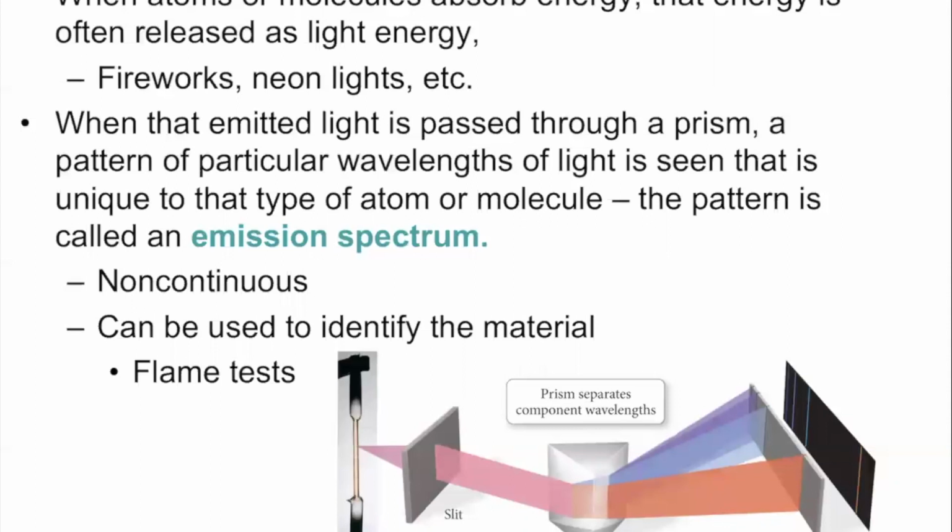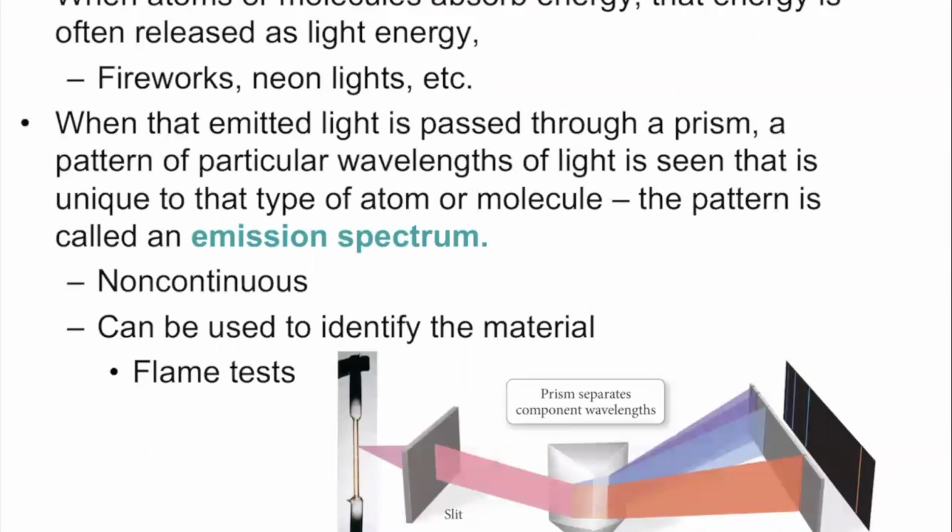Remember how I told you that every object is going to be absorbing a different amount of energy. So when atoms or molecules absorb energy, that energy is released. Remember, that energy is released in the form of light. For example, when we light up fireworks, you see the light because it's releasing energy.